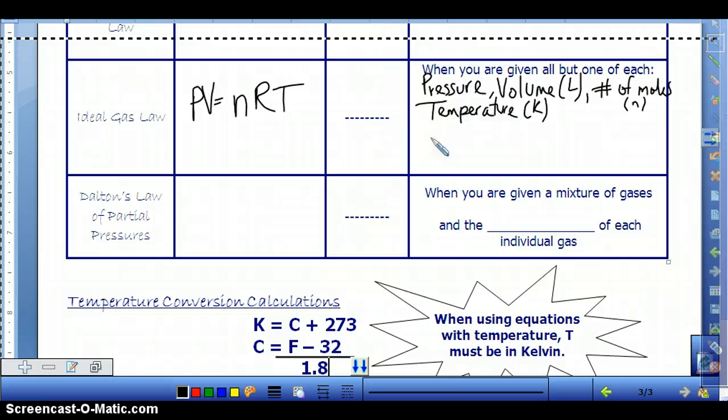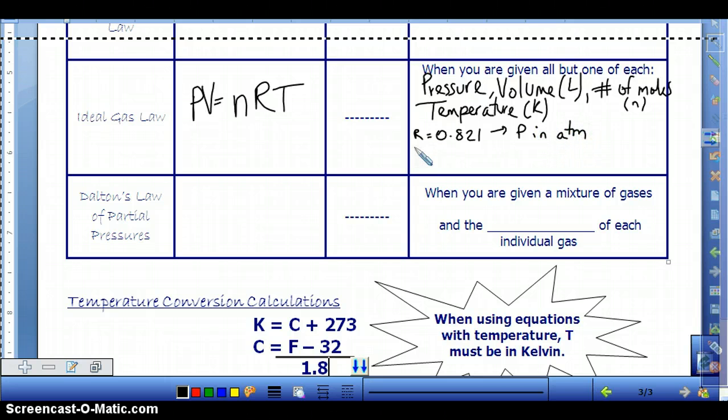All right, now another thing I want you to try to fit into the ideal gas law is what R can be. R is a constant. Rarely would you ever solve for R. You're usually given R and you just plug it in. There are three different R's that you can use. One R is 0.821, and you use that R when pressure is in atmospheres.